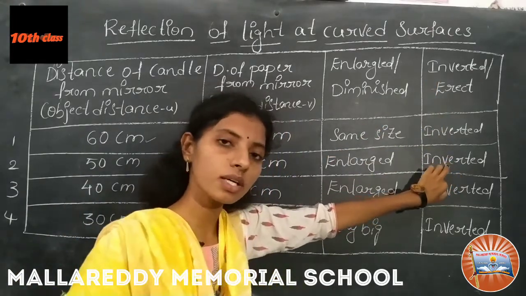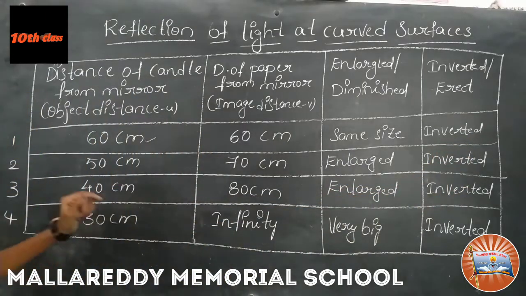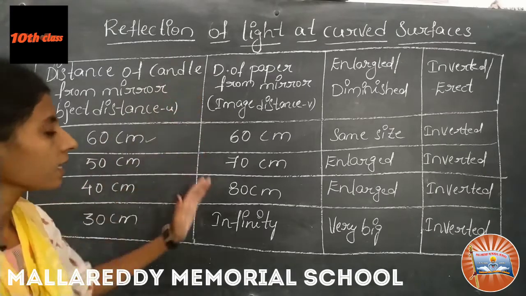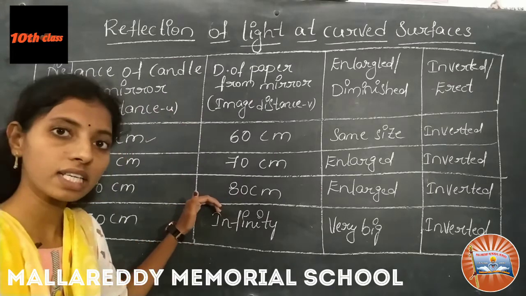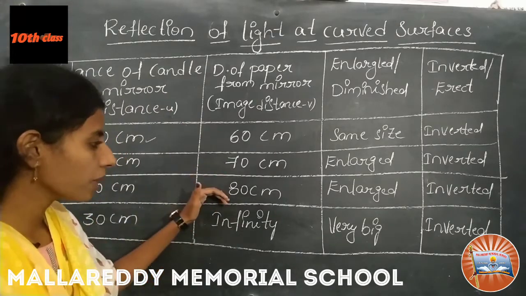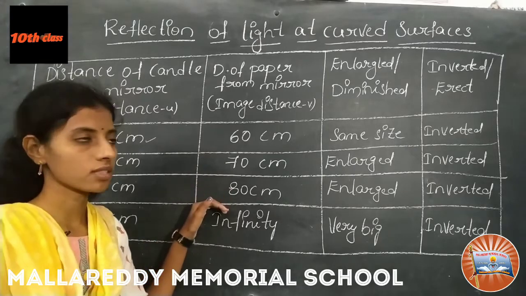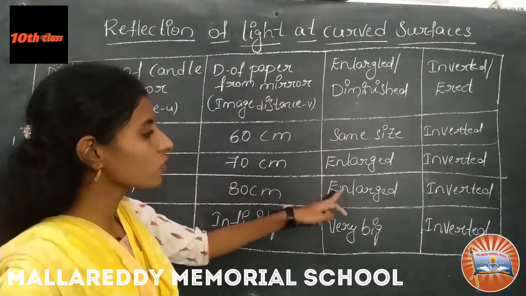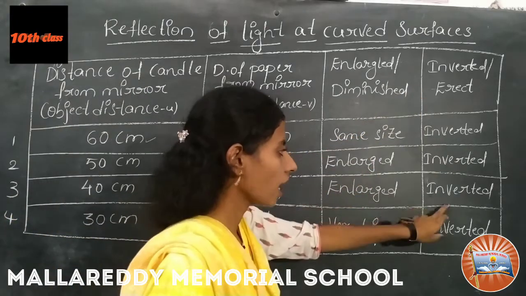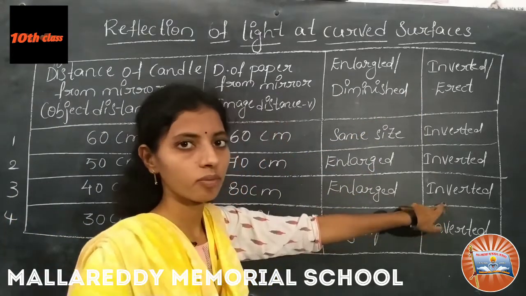Next, object distance is 40 centimeters. If we keep the object at 40 centimeters, we will get the image at 80 centimeters, right? The image is enlarged again, and again the image is inverted.